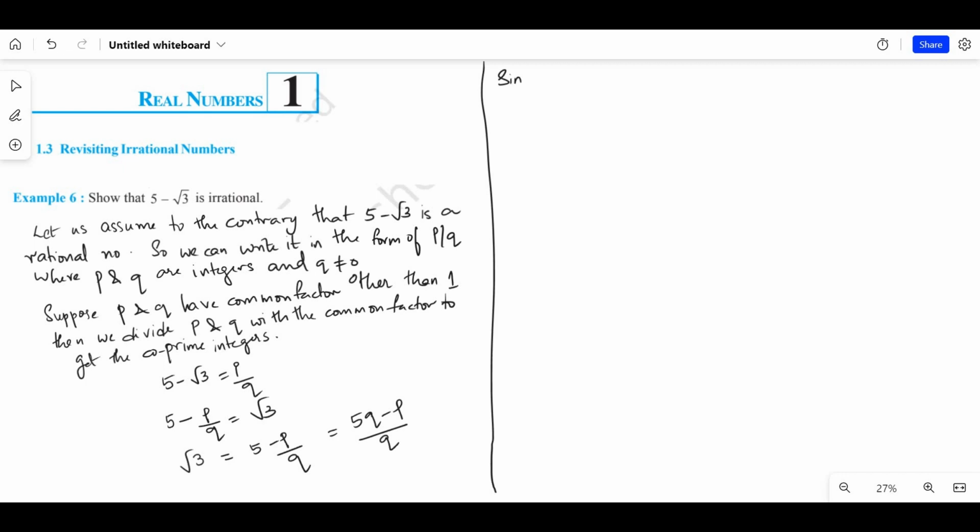Since p and q are integers and q not equal to 0, we can say 5q minus p divided by q is a rational number. If 5q minus p by q is a rational number, then what happens?